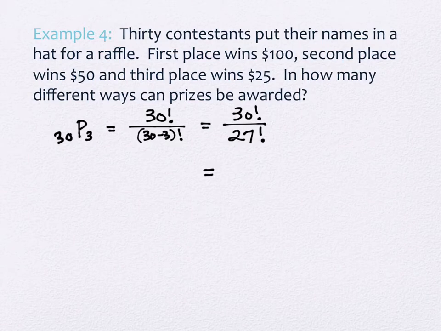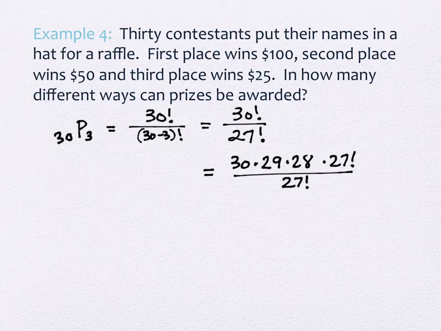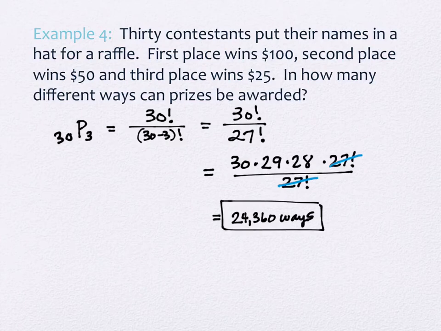So I'm going to write out 30 factorial as 30 times 29 times 28 times 27 factorial, and I'm going to stop because it matches the 27 factorial on the bottom. I can cancel the 27 factorials, and I'm only left with multiplying 30 times 29 times 28, which is what? 24,360. 24,360 ways that those prizes could be awarded.